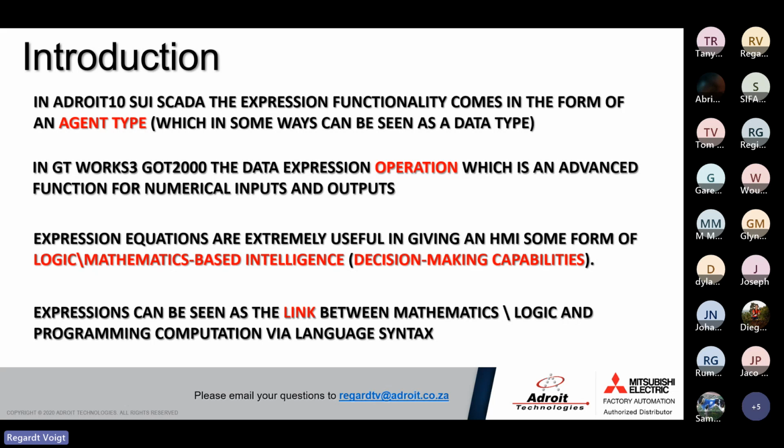In that regard, these two platforms are similar in their expression handling. Expressions are very useful for basic and advanced applications in plants and so on. Mainly they use logical and mathematical decision-making capabilities, but there are additional functions that can be used as well beyond those two.